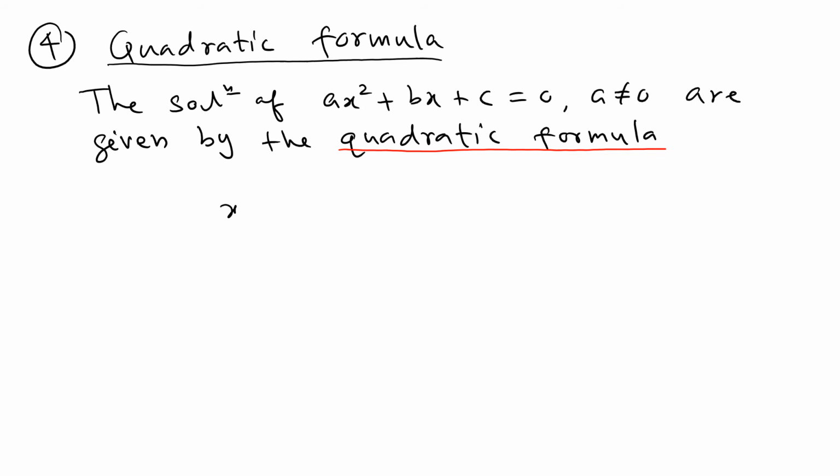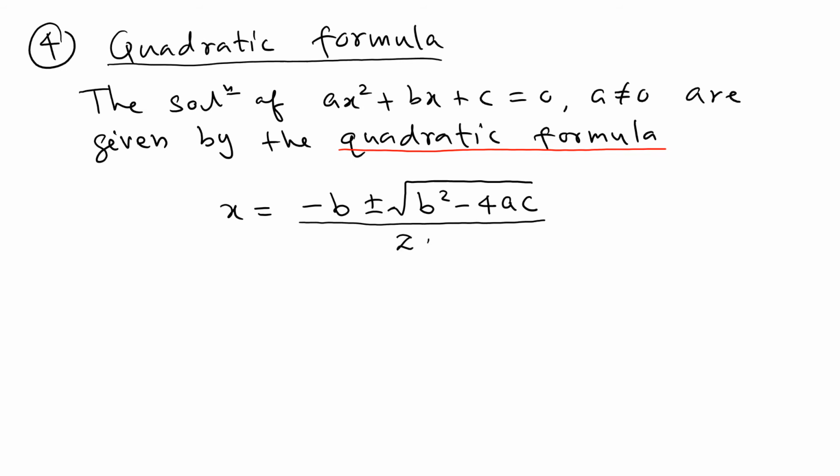It is x equals negative b plus or minus, there are two solutions, the square root of b squared minus 4ac. You can see all a, b, c are in this one. Take the square root of this term and then divide the whole thing by 2 times a.